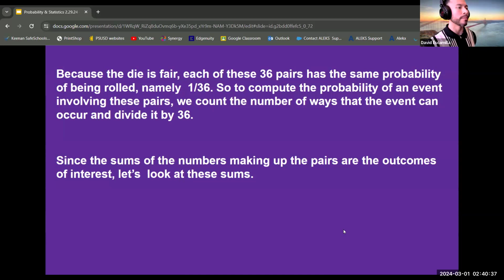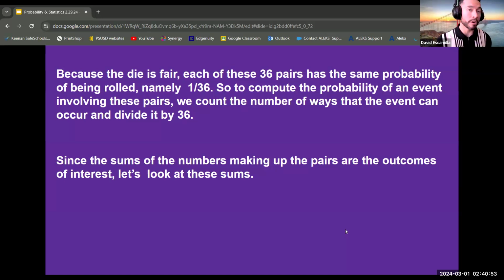The sums of the numbers making up the pairs are the outcomes of interest, meaning we now need to examine that chart, evolve that chart, and then find the pairs that we are interested in, okay?